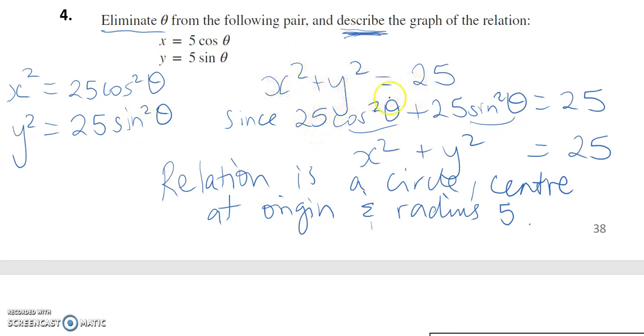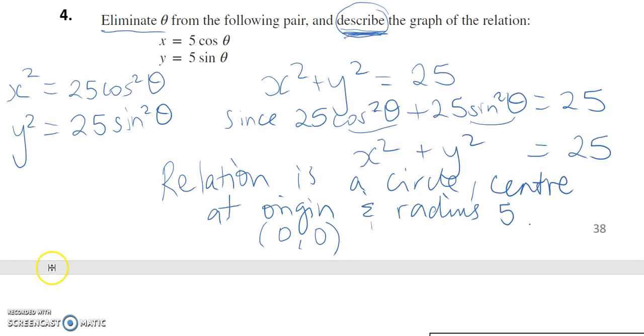So x squared plus y squared is 25. And the reason I can do that is because cos squared theta plus sine squared theta is 1. And to describe the relation, I'm just going to write that this relation is a circle with center at the origin, or 0, 0, and the radius is 5.